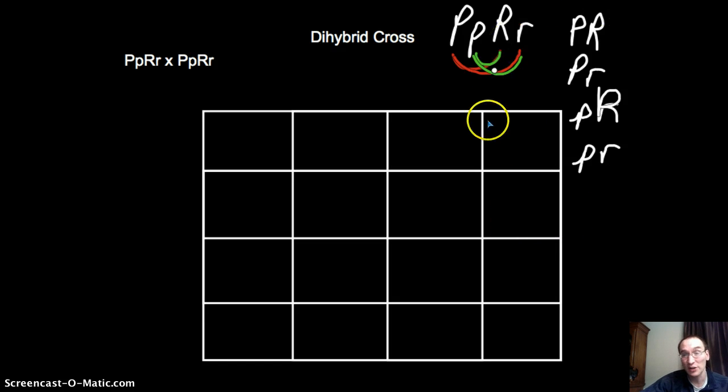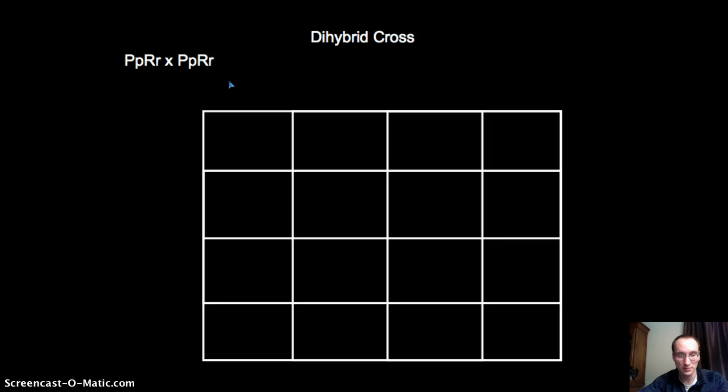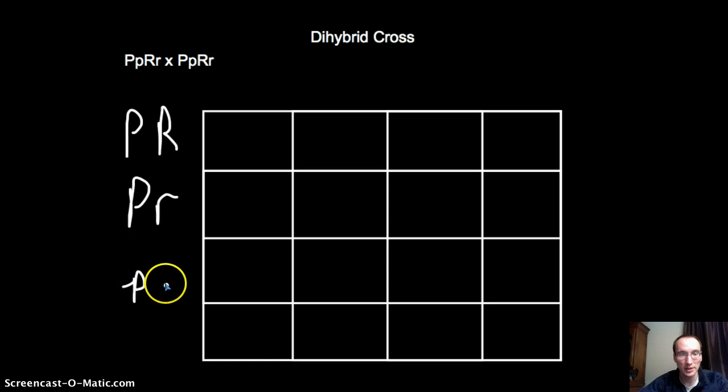So this is just either for the male or female plant, and now in order to set this up, well, we have to go ahead and we can write these right on the very top or to the side on our Punnett square. So in this case, I said that I could have big P, big R, big P, little r, okay, little p, big R, and then little p, little r.